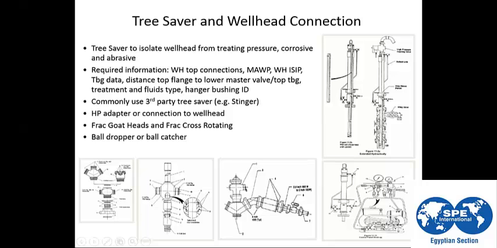Each cup is inflatable and opens inside the casing like a BOP tester cup, and isolates the Christmas tree, allowing the fracture job at a pressure rating higher than the rating of the wellhead of the Christmas tree.